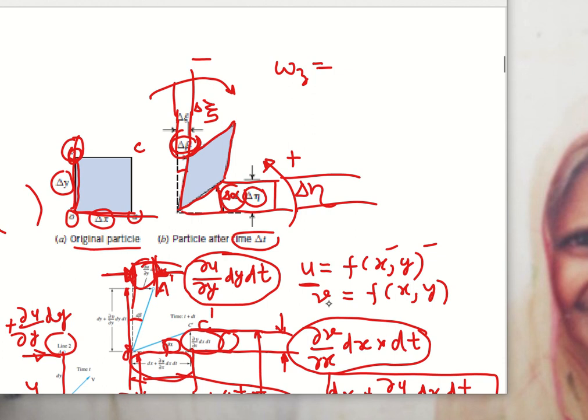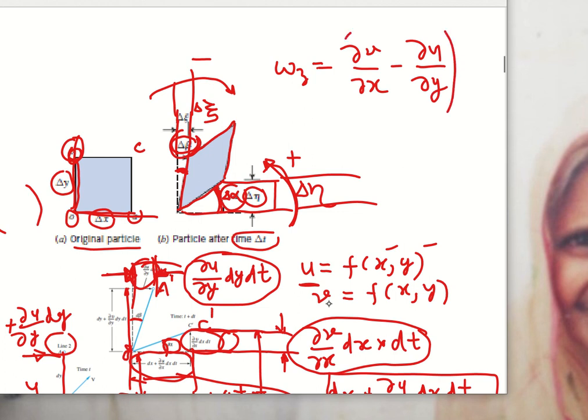It was equal to del v over del x. This is given a plus sign because here the rotation is happening in this direction, and here the rotation is in the clockwise direction, so we have to give a minus sign: minus del u over del y.